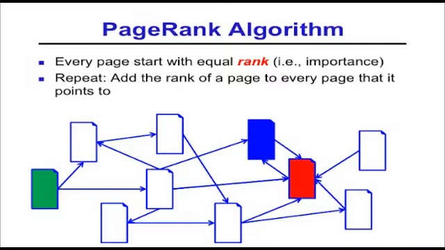It's interesting because it's an algorithm that ranks pages, but it's also an algorithm that was developed by somebody called Page. The founders of Google are Larry Page and Sergey Brin, and they developed this algorithm, so they called it PageRank after one of them. The PageRank algorithm is relatively simple to explain.